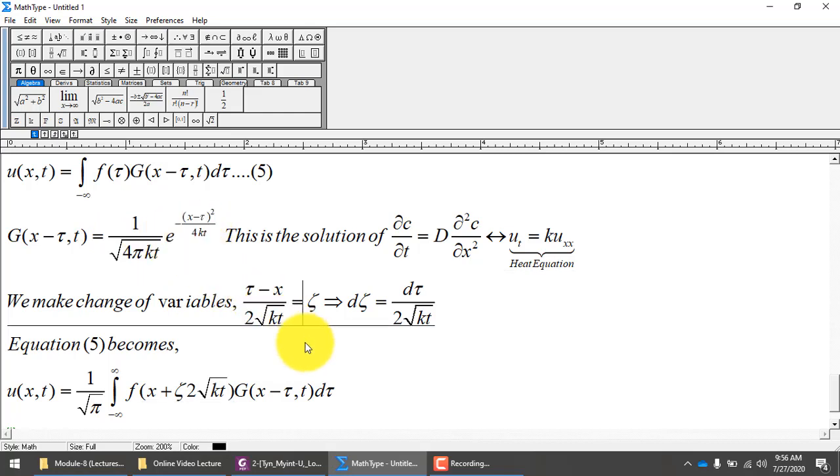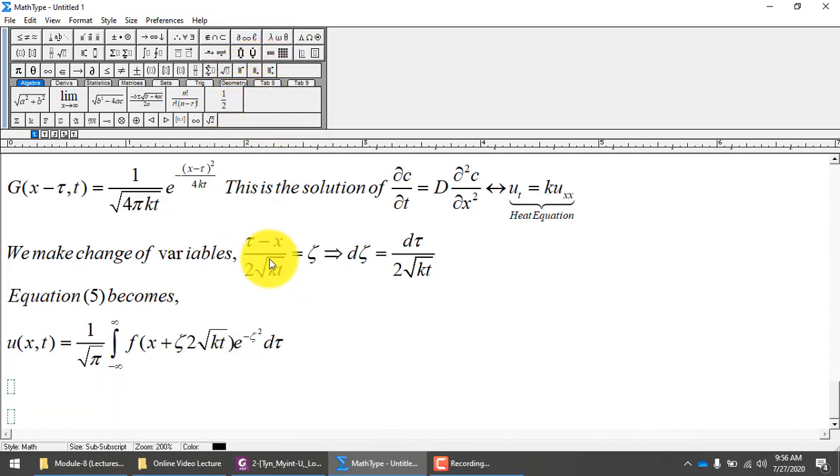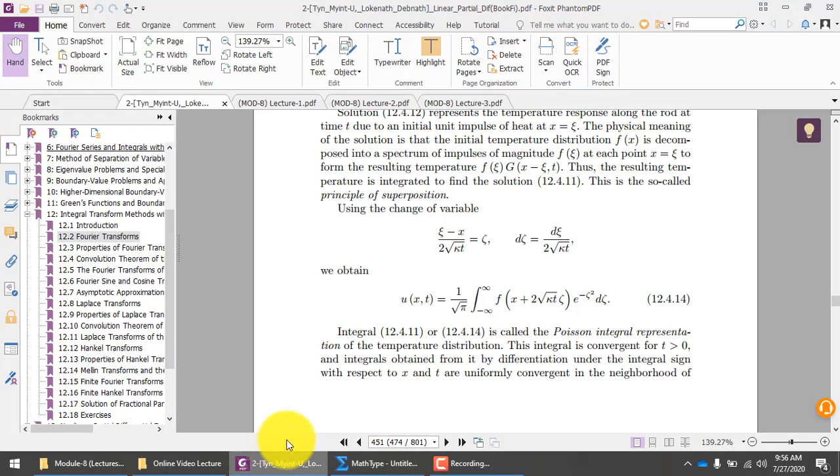Instead of this you will have only the exponential, e to the power. This whole thing is now replaced with xi, so it is minus zeta square. So this is another form of the solution using the change of variable, the simplest form.